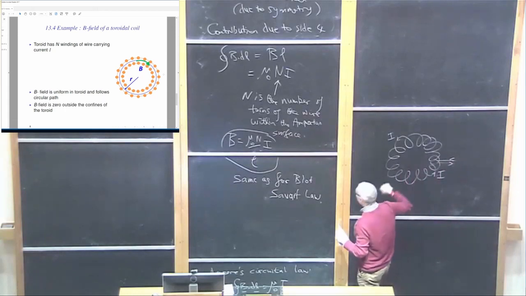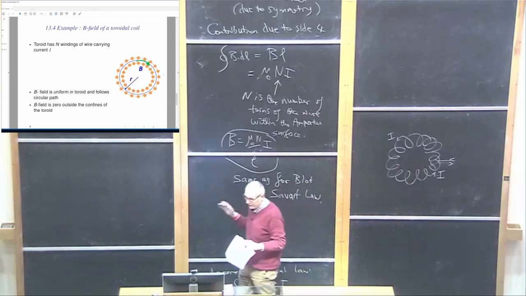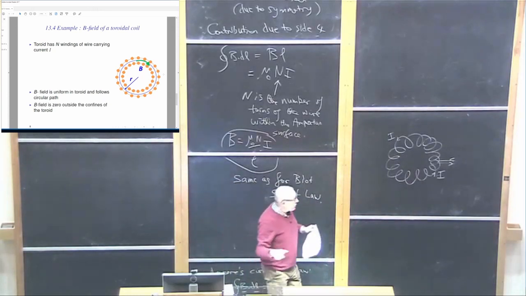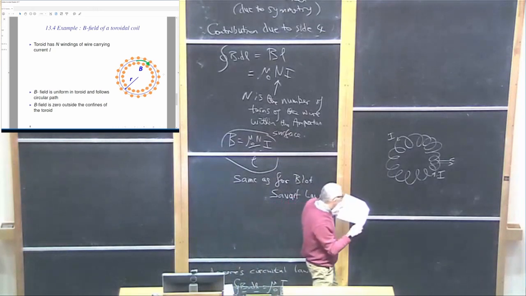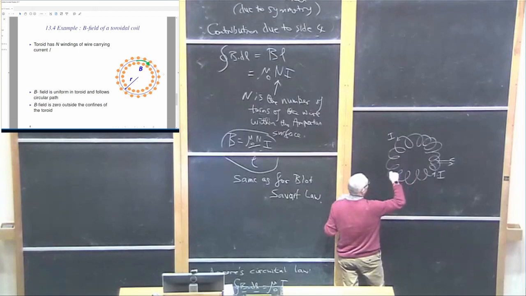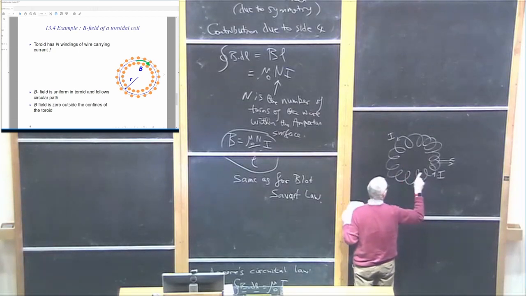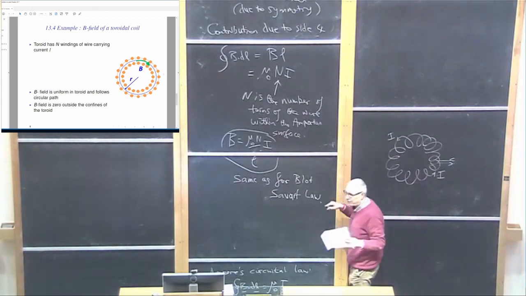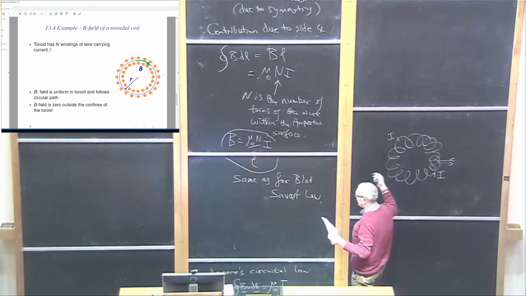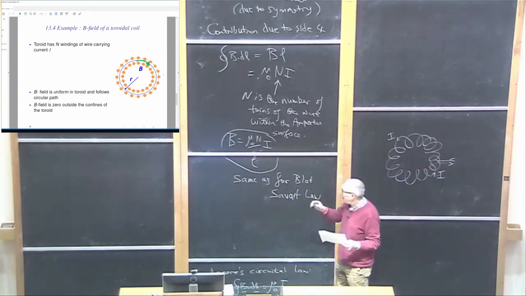Right, so that's a toroid. And the toroid has N windings, and each winding obviously has a current I flowing.